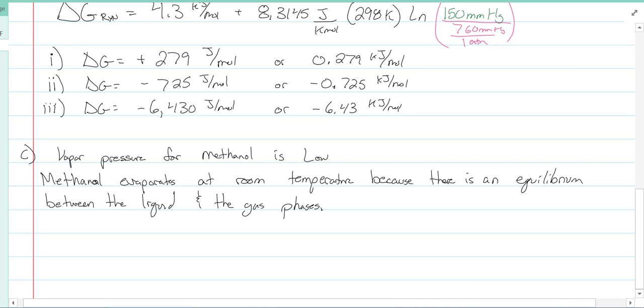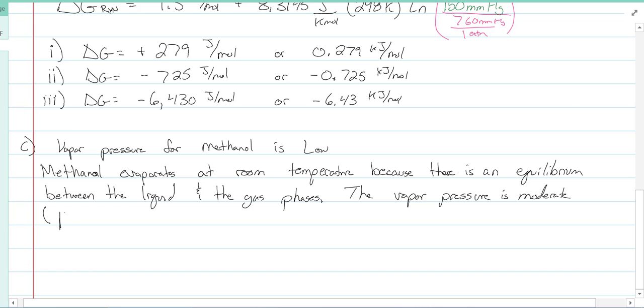The vapor pressure is moderate, and when I say moderate, it's 143 millimeters of mercury at 25 degrees Celsius.